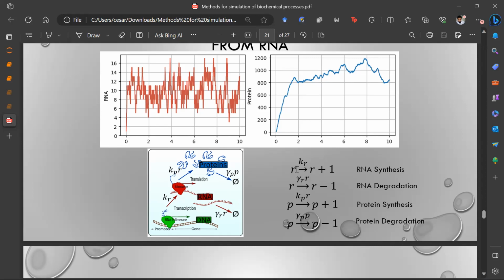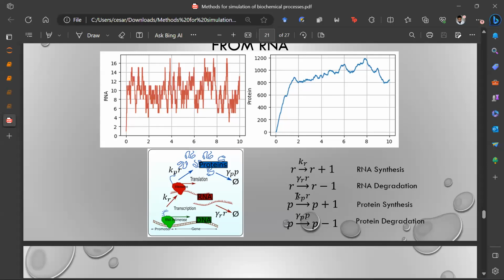In this reaction, the number of RNAs increases by 1. Also, the RNA degradation occurs at a rate proportional to R, with a constant gamma R. Gamma R times R gives you the rate at which the RNA jumps to R minus 1.